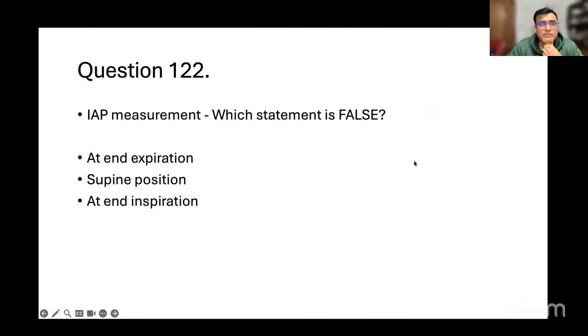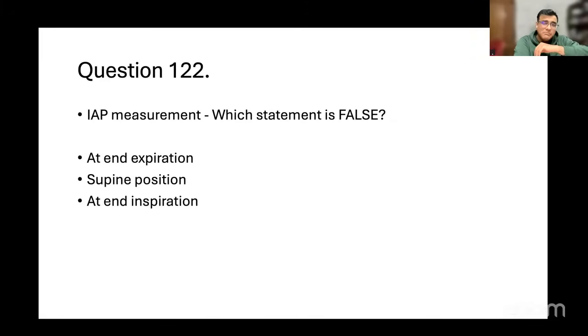IAP measurement: which statement is false, end expiration, supine position, or end inspiration? I've taught in the class also. WSACS guidelines suggest to measure IAP in supine position at end expiration, and you zero at the mid axilla.